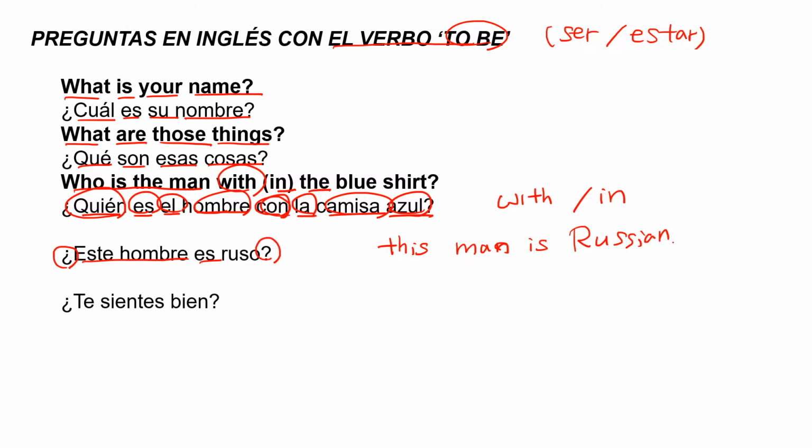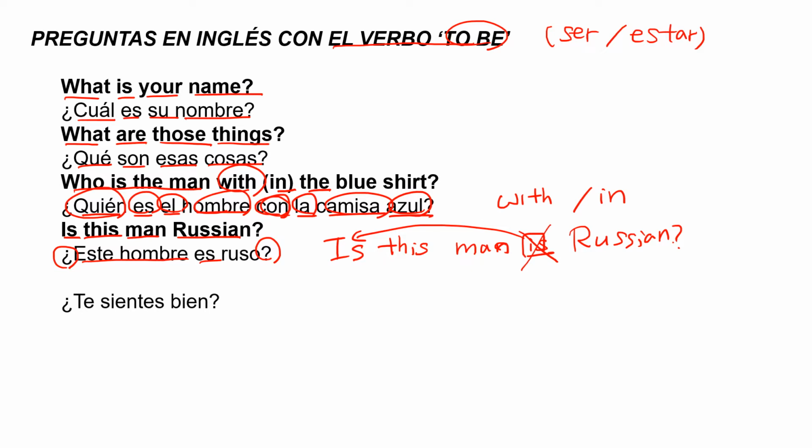So in English, we send the to be verb first. Is this man? So you don't need this. Is this man Russian?